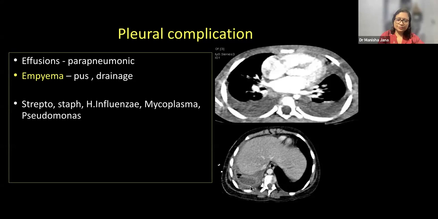To the contrary, if we see this image, the pleura adjacent to the chest wall is enhancing and thick. And there is another layer also which is enhancing. So this is called the split pleura sign. This is quite indicative of a badly, chronically inflamed pleura and suggestive of empyema. This is free pleural effusion, this is empyema.